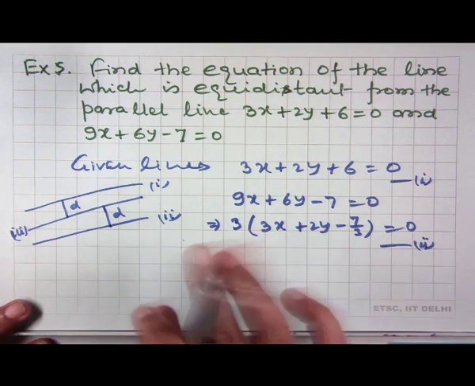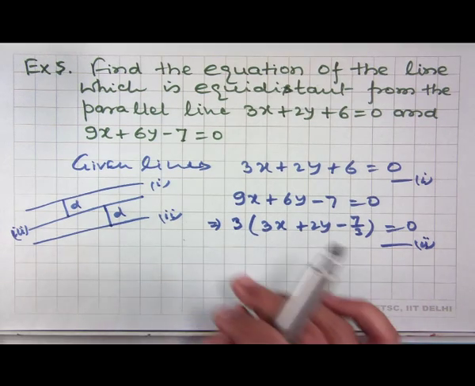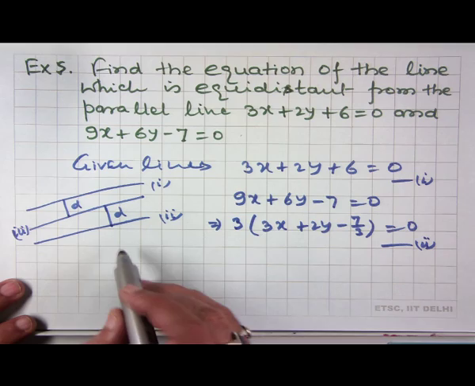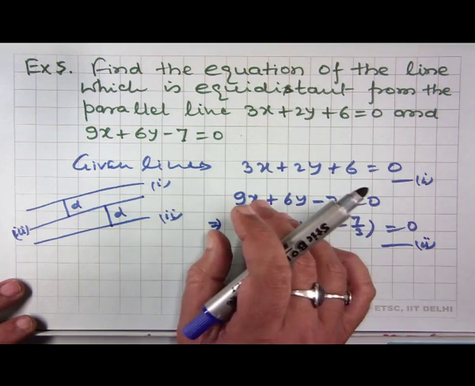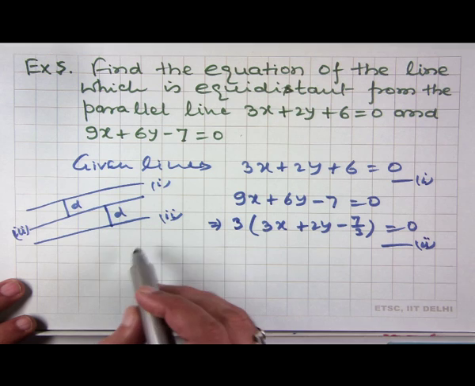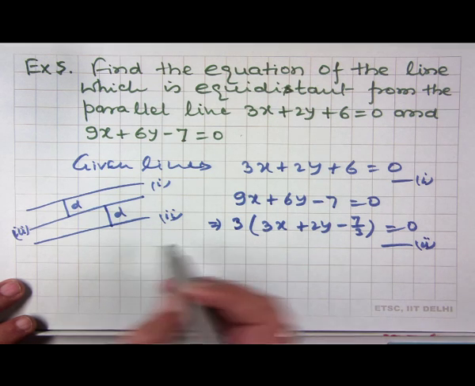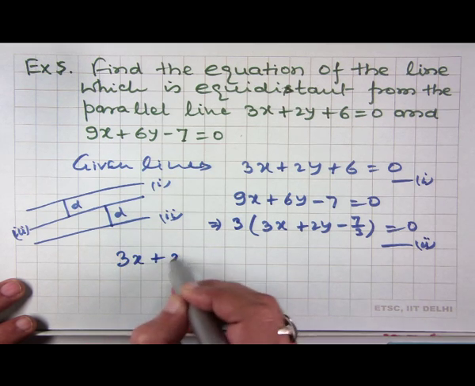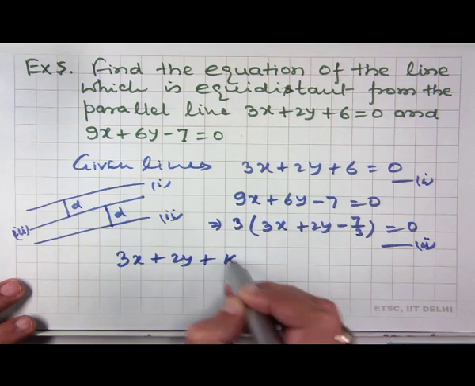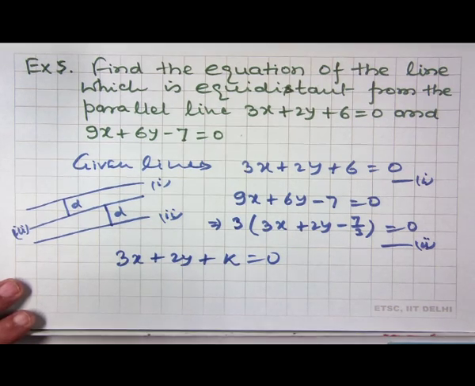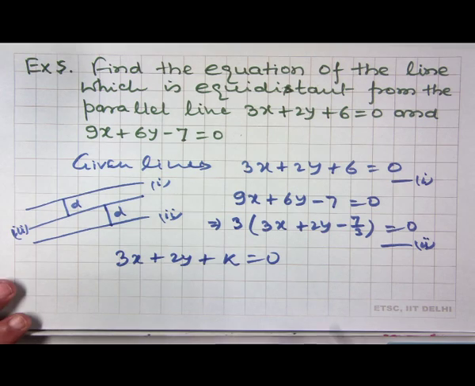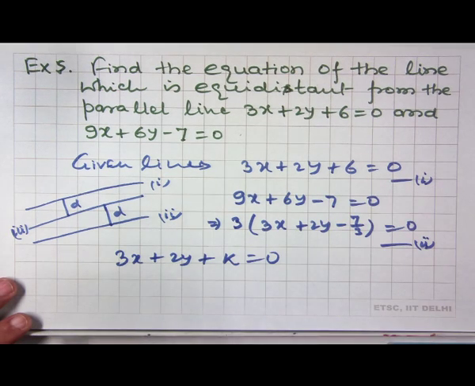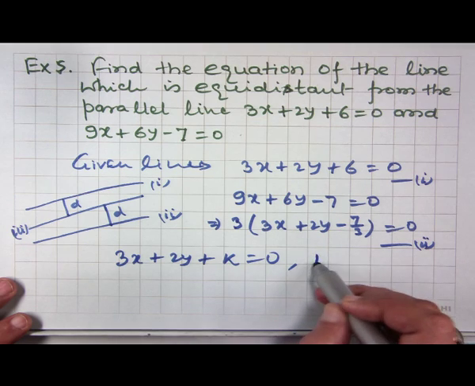So we can find it in many ways, but any equation parallel to the given equation of the line we can write as 3x plus 2y plus k equal to 0. Say this line is parallel to line 1.